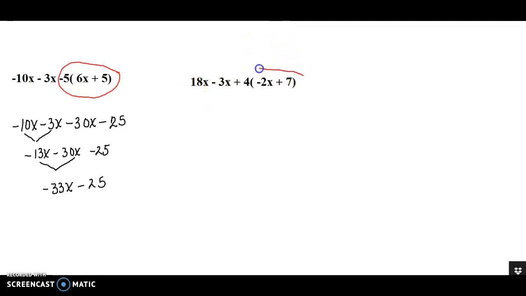Now we're going to perform the distributive property on that. Rewrite this. We get 18x minus 3x. Perform the distributive property. Minus 8x plus 28.